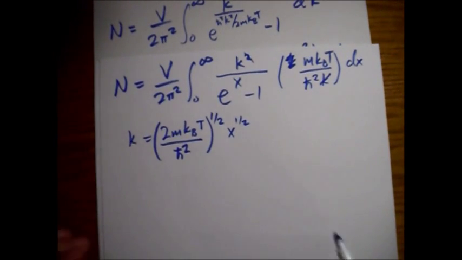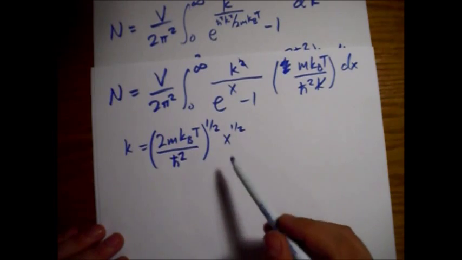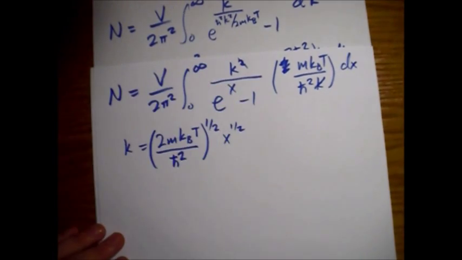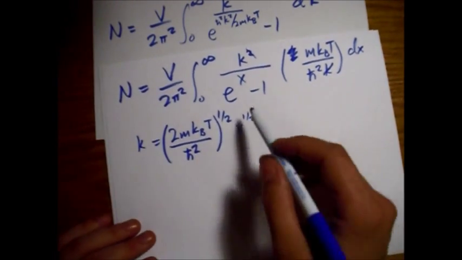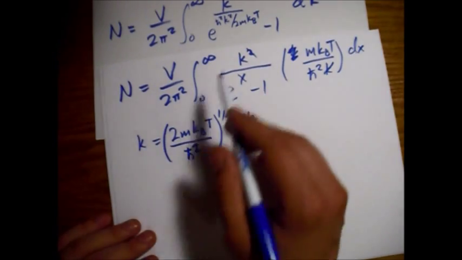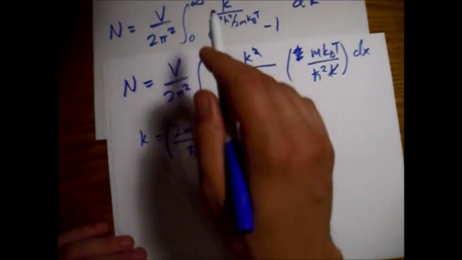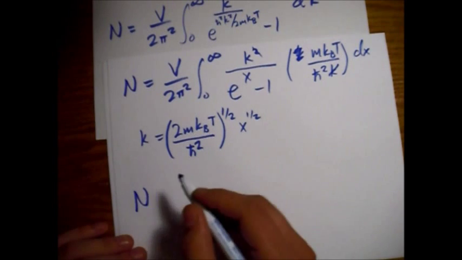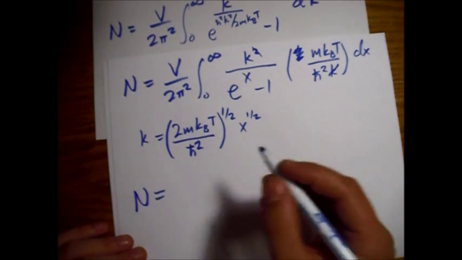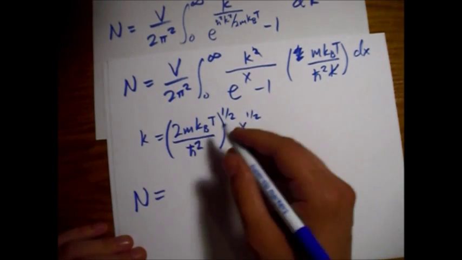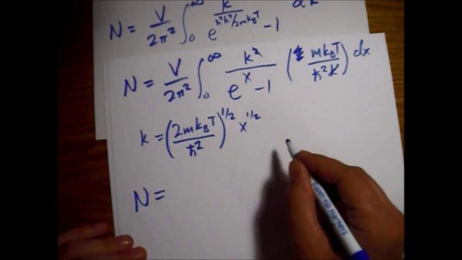Now we just have to pull all these constants out, stick the k's up, plug this k in, and we should then be able to plug it into our wacky integral with the gamma function and the zeta function and all that.